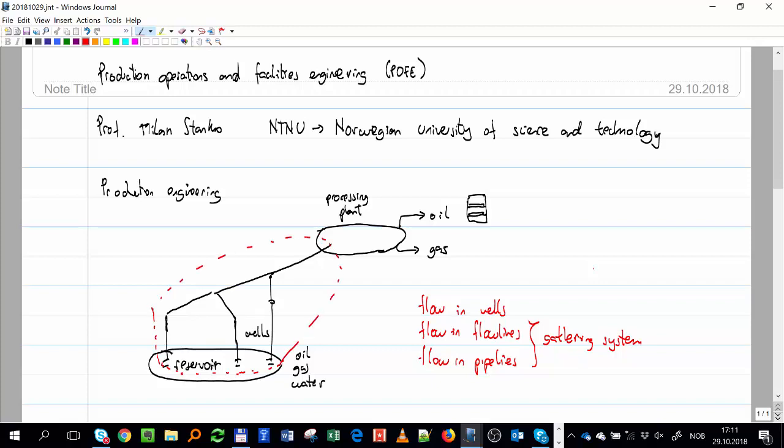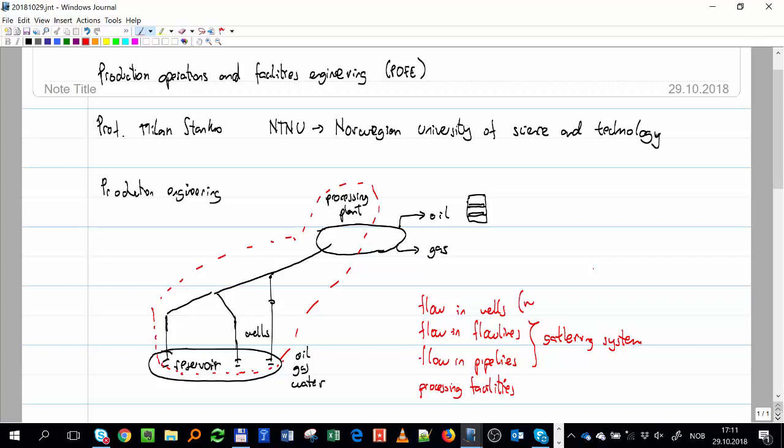And of course, production engineering sometimes takes part in the processing facilities. In general, that's the domain of a production engineer.